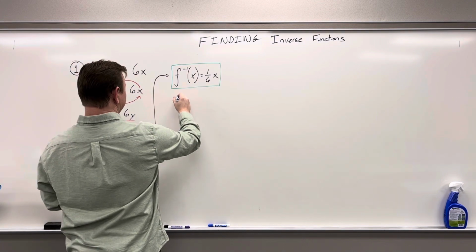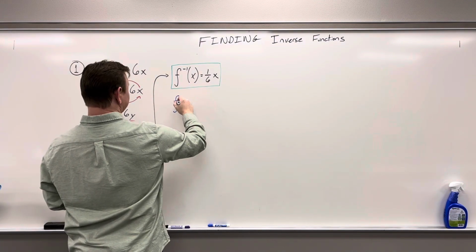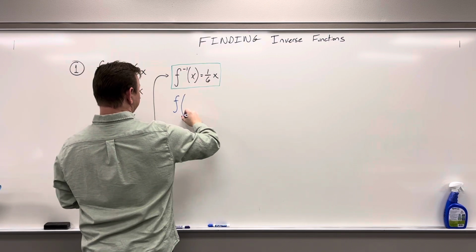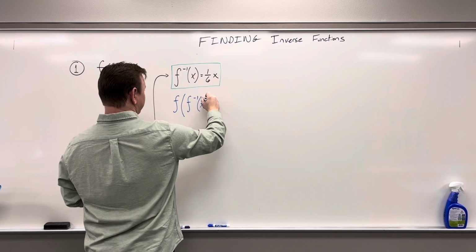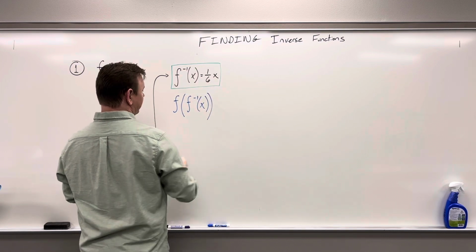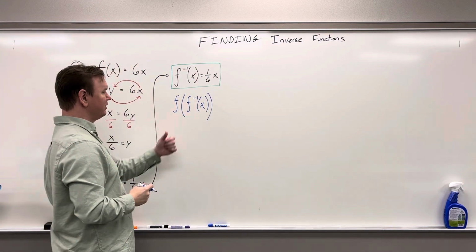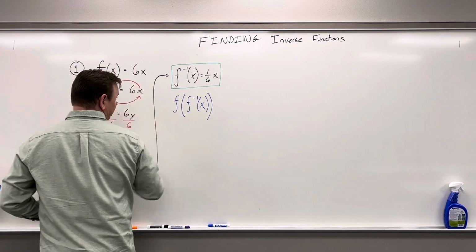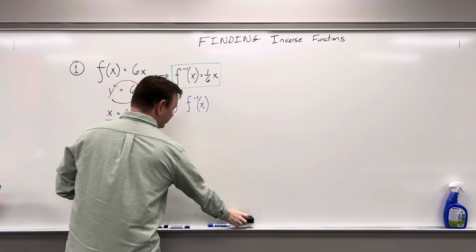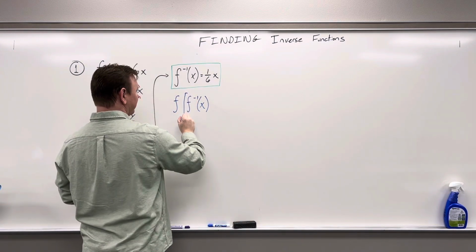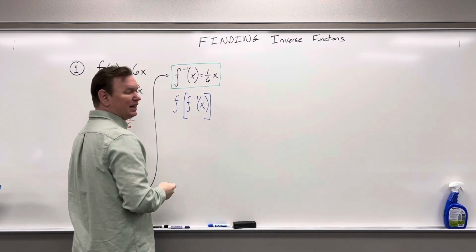So if I take my f of x, I'm going to put that inside of this guy. In fact, sometimes when I have parentheses right next to each other, I like to use brackets, so it looks a little bit easier to distinguish.